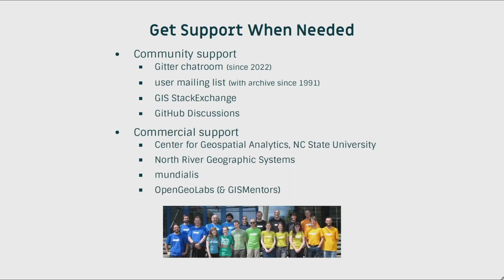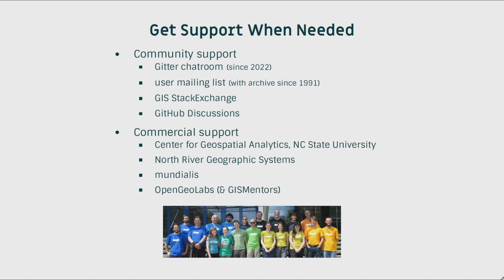And next tip, get support when needed. There are 2 basic types of support. If you don't know what to do next, there are places where you can get help. One is the community support. Newly we have a Gitter chat room, if you feel chatty. We have also a traditional mailing list.